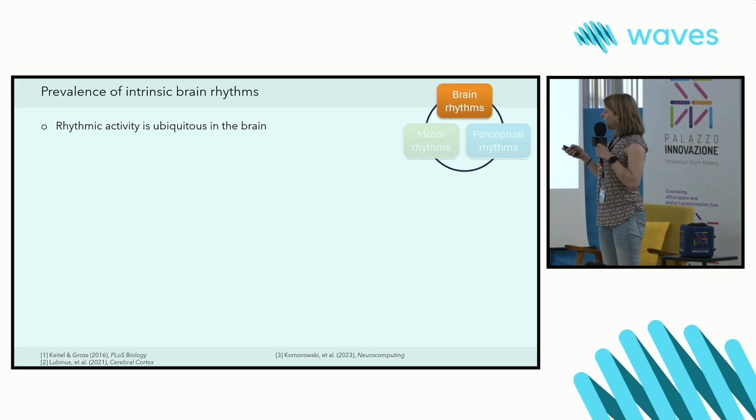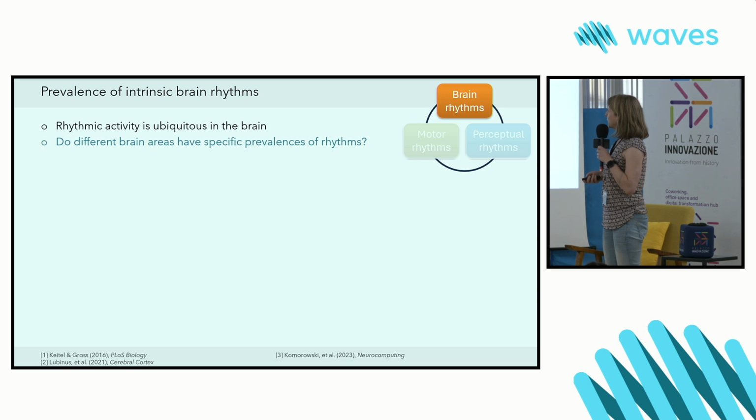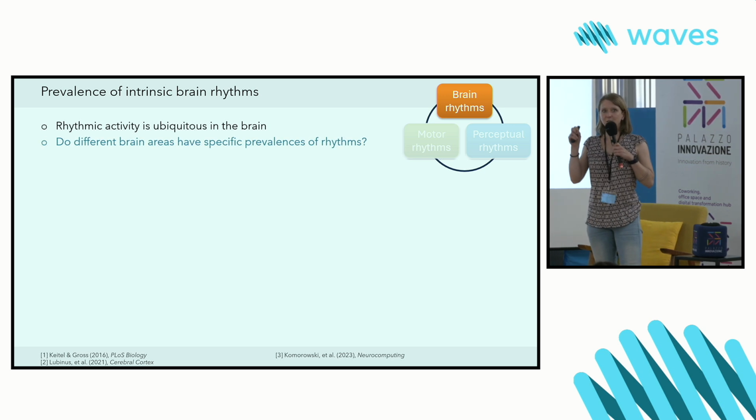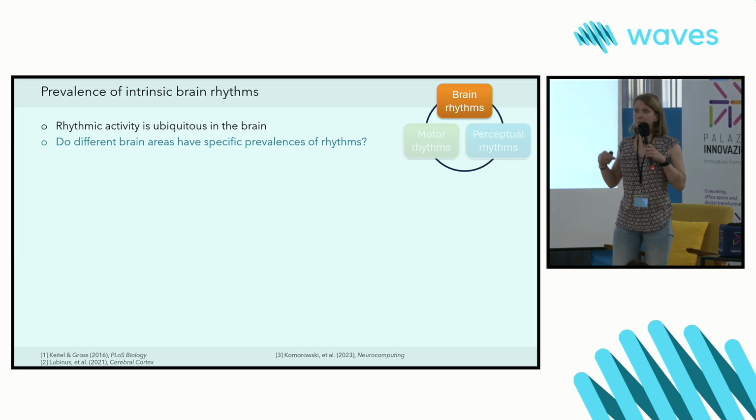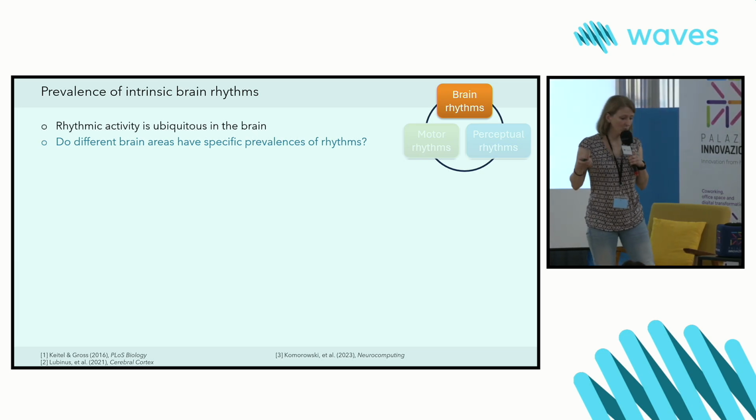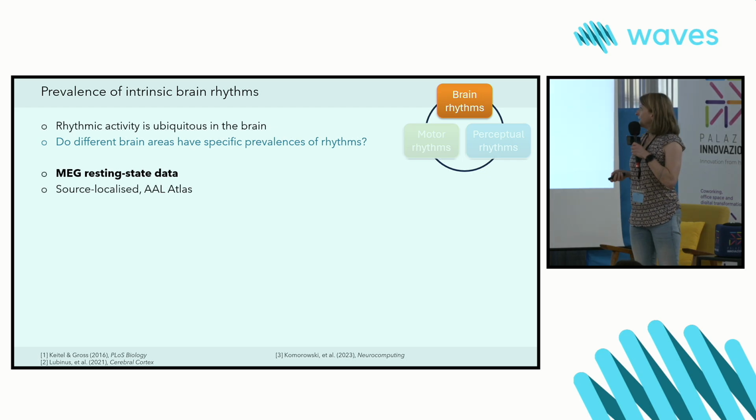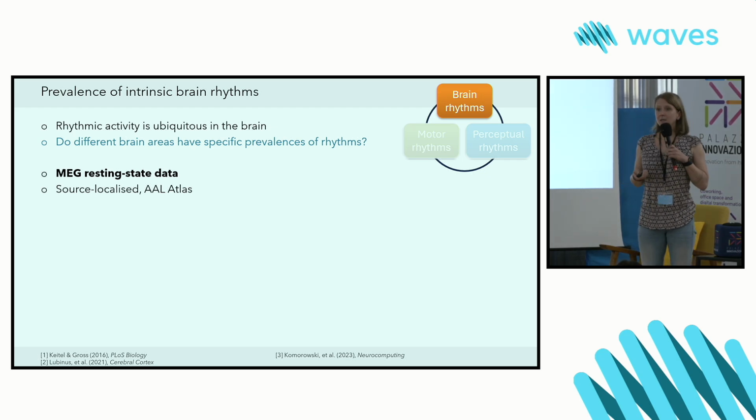And now, quite a while ago, we wanted to find out whether different brain areas have a different prevalence of brain rhythms or show different brain rhythm patterns. So what we did is we had MEG resting state data of, oh, that's the old version. Okay. So there was some more data on the newer version.